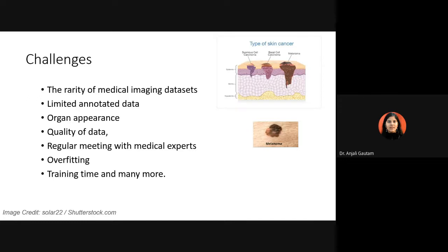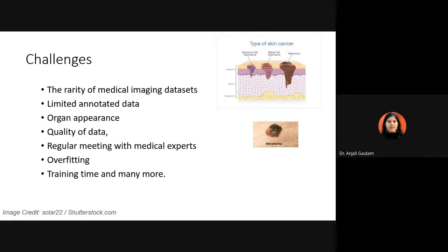So challenges also appear related to the organ appearance on the human body, and the quality of the data is also a challenge. Let's say this is an image of 250 by 250, maybe other images have other dimensions. The other challenge is the regular meeting with medical experts, and overfitting of your data.